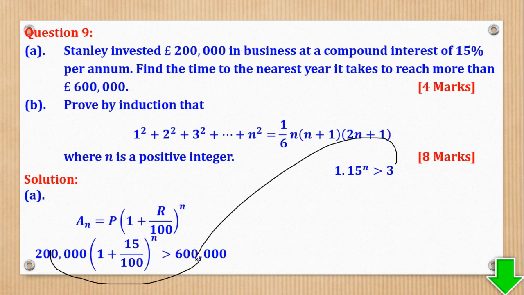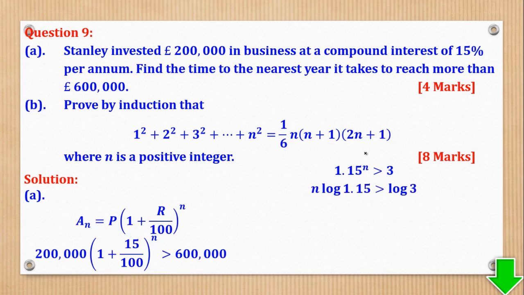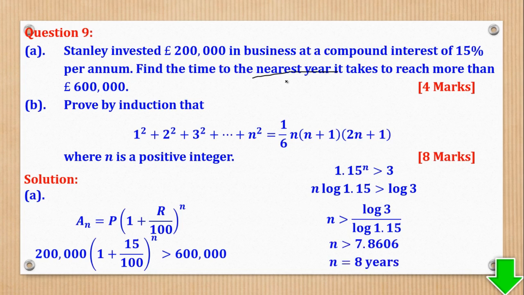So 600,000 divided by 200,000 gives you 3. Then this one becomes 1.15 raised to the power n. Then we shall introduce the logarithms and take everything on one side to get n greater than 7.8606. But they said nearest whole number, nearest year, so it becomes 8.